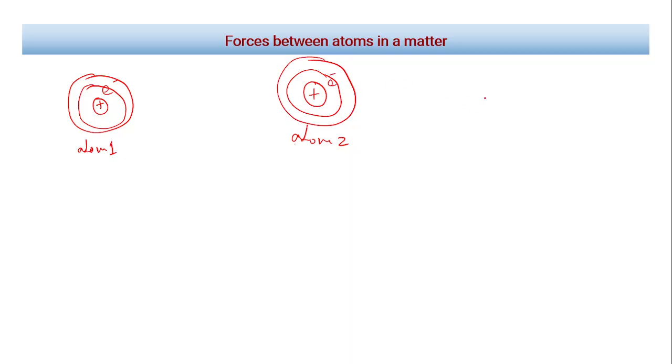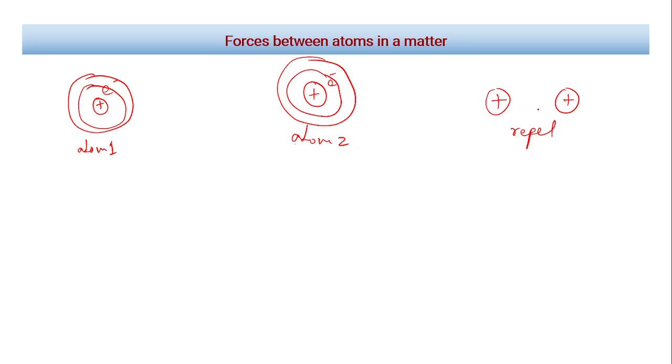Now we know positive charge and positive charge, when they come around each other, they repel. This we see everywhere, be it magnets or when our hands get electrostatic charge on them.